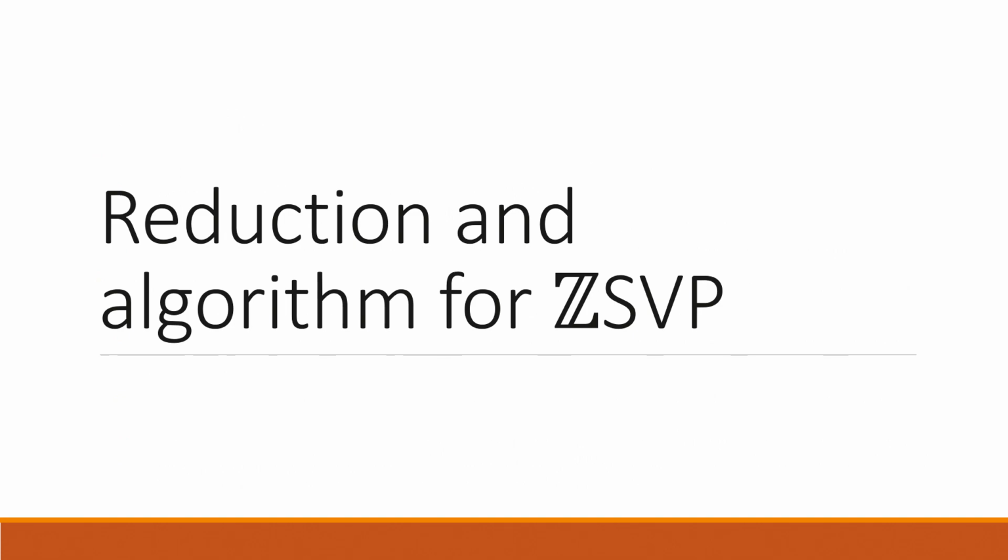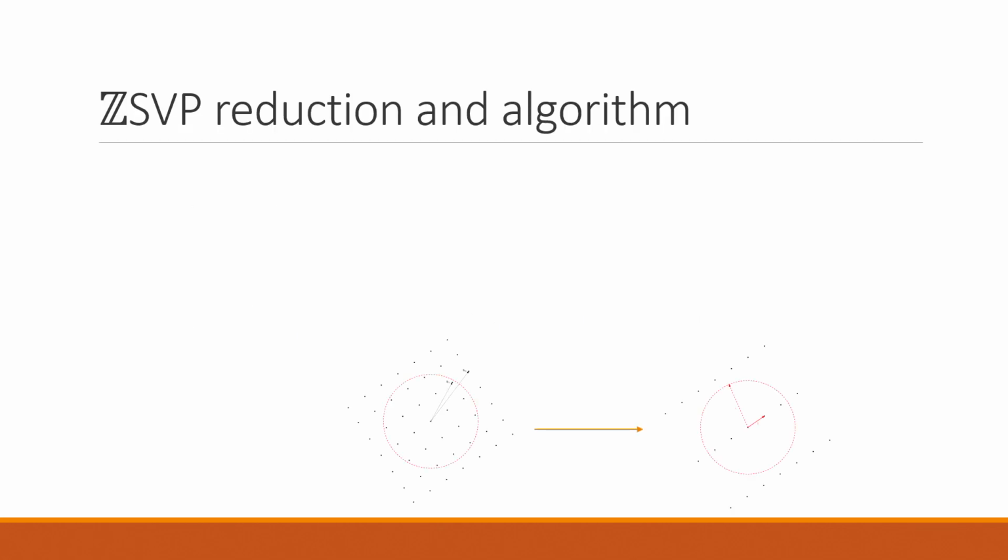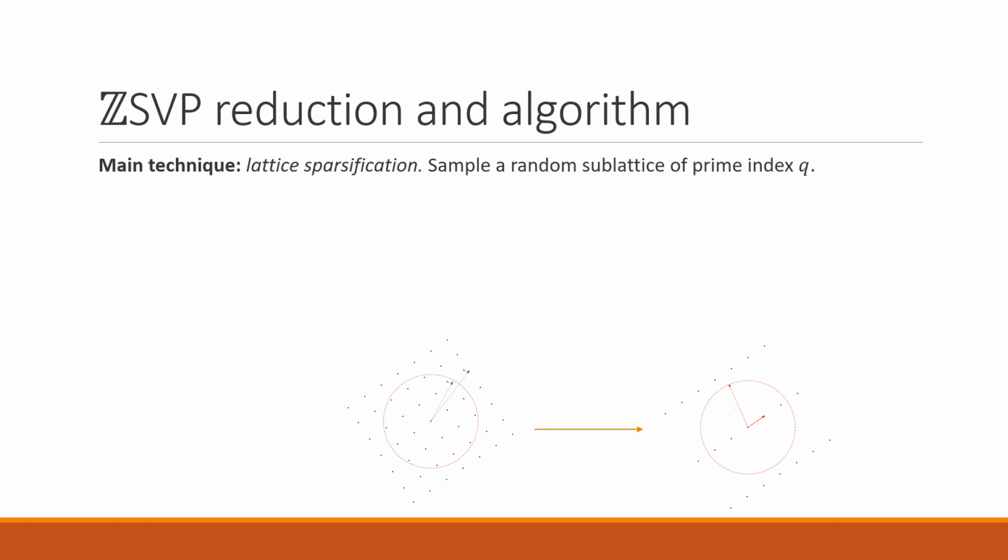Okay, so first, let's start with our reduction and algorithm for ZSVP. I have a picture at the bottom, which shows the main idea behind our reduction. The main technique that we use is lattice sparsification. This sparsification works for arbitrary lattices, but basically you have your input lattice and you sample a random sublattice of your input lattice of some specified index, say prime index q.